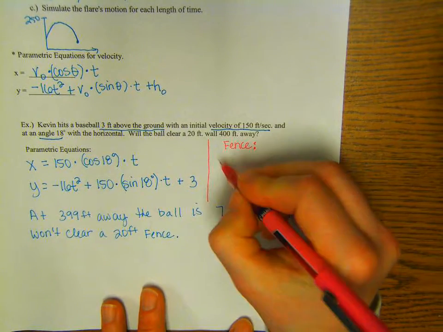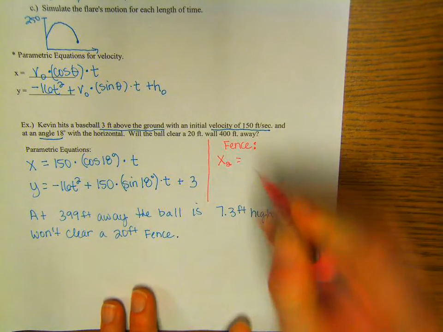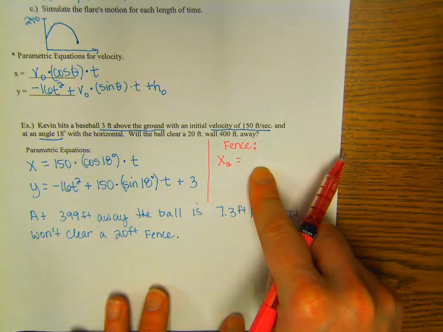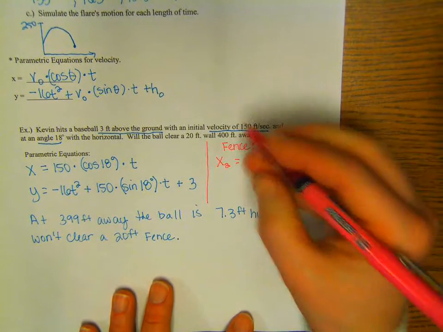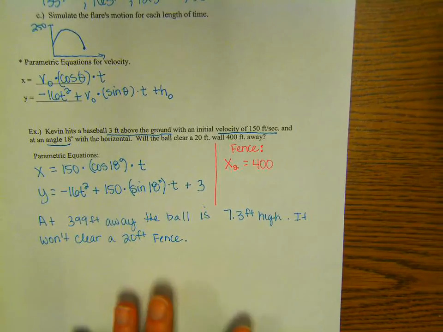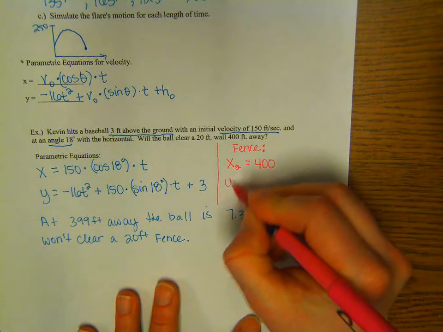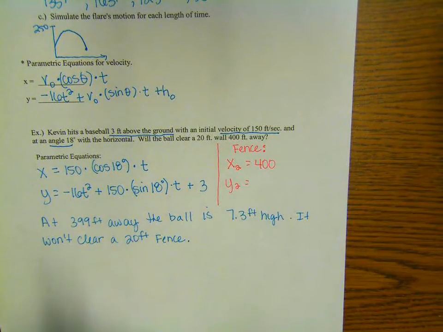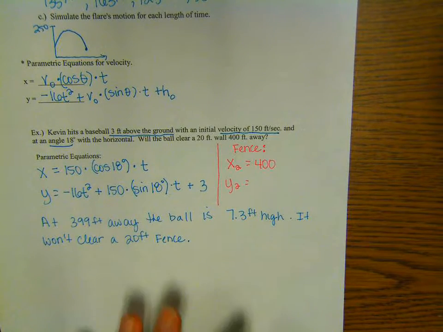In my X2, I would put where the fence is going to be. So how far is the fence away? 400. So we just put a 400 there. And then what we do for Y2 is we want to know how high it is, but we need to make it stop when T stops. So how high is the fence? 20.